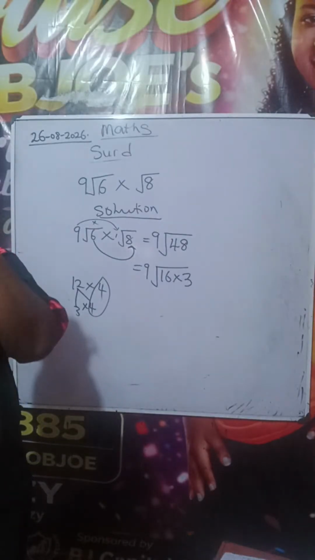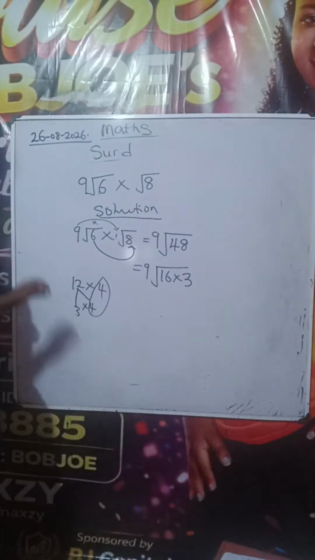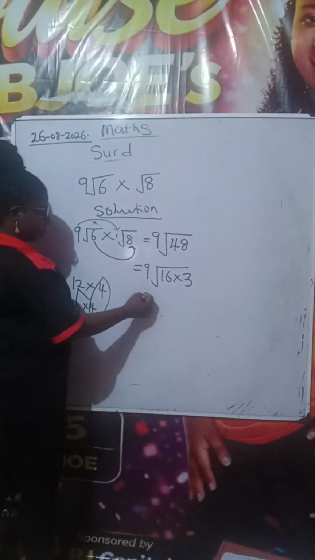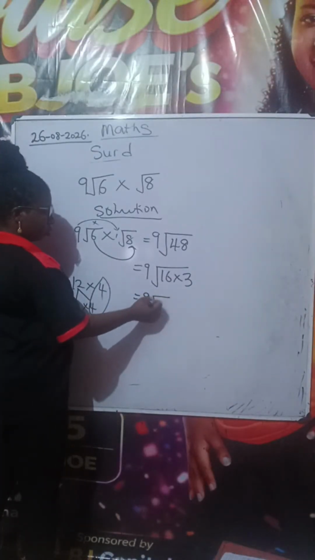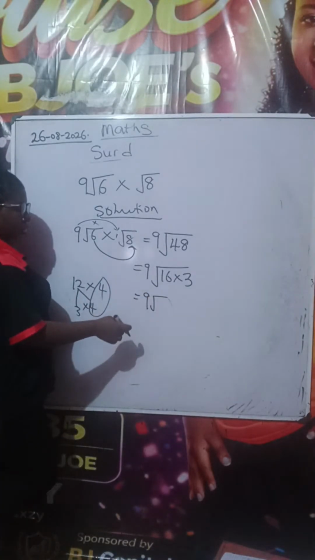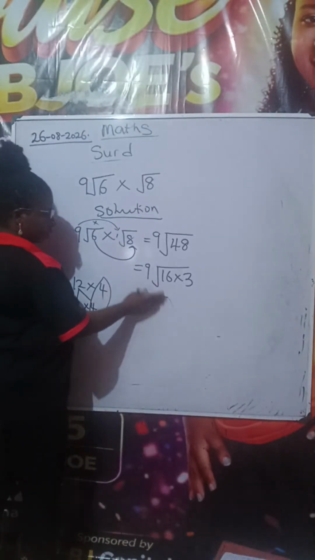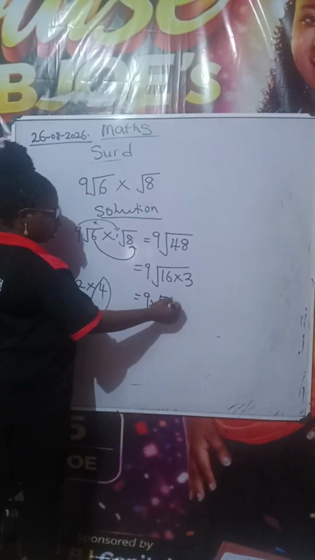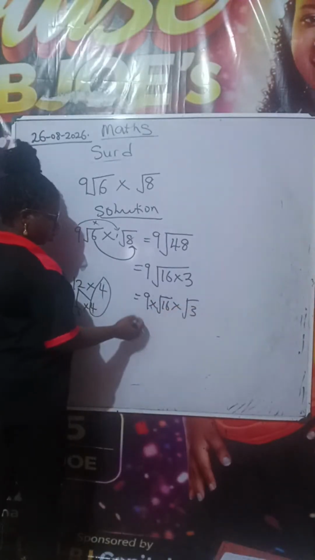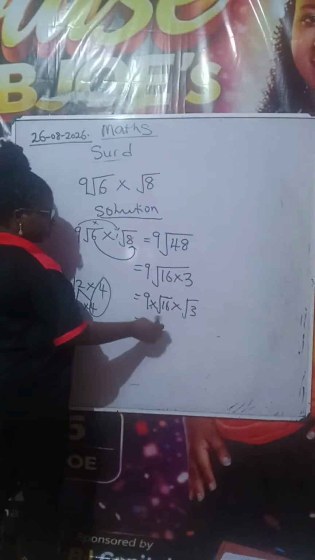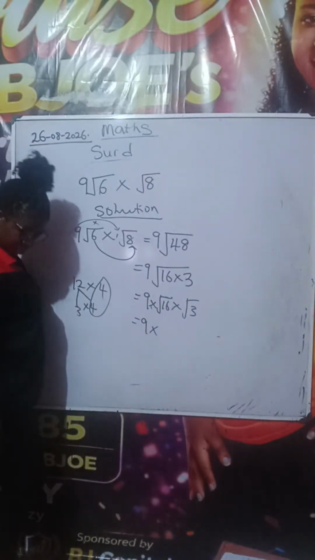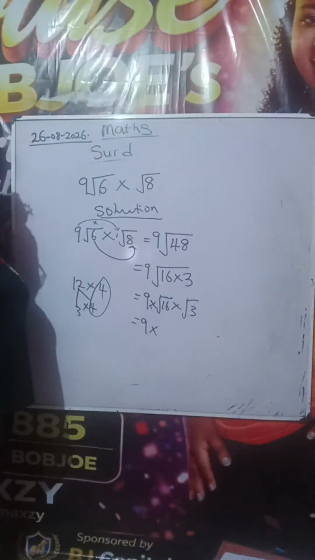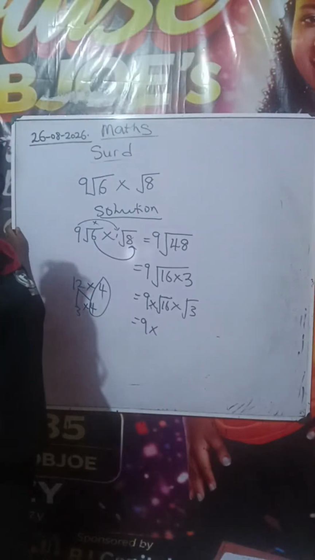Now what's next again? So next is we separate it. We have 9, then times root 16 multiplied by root 3. So we have 9 times, what is the square root of 16?